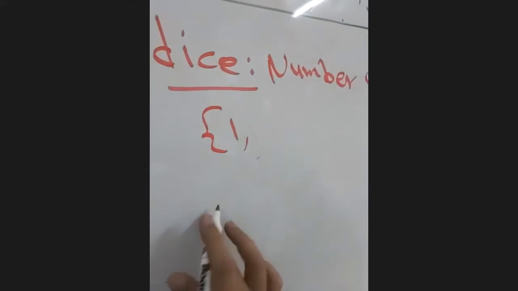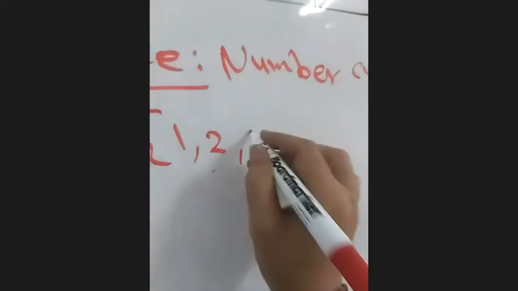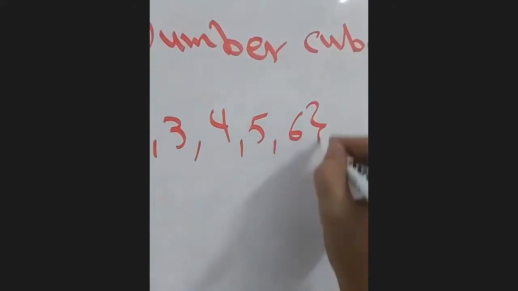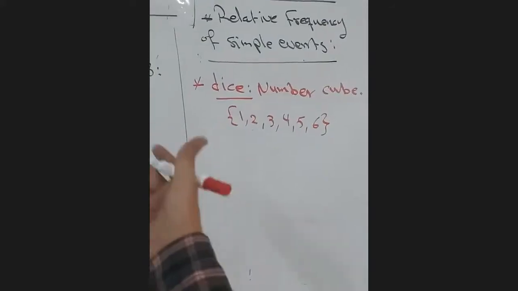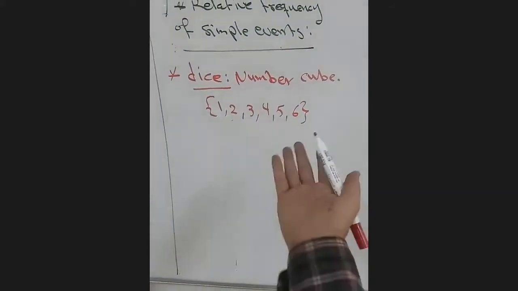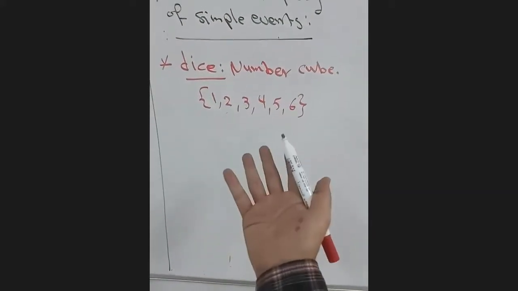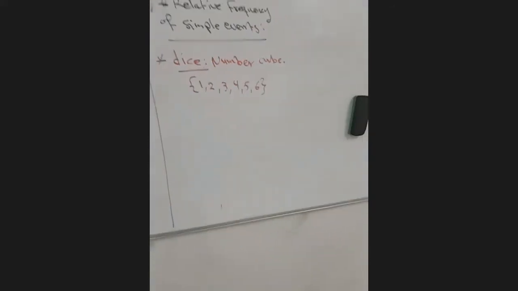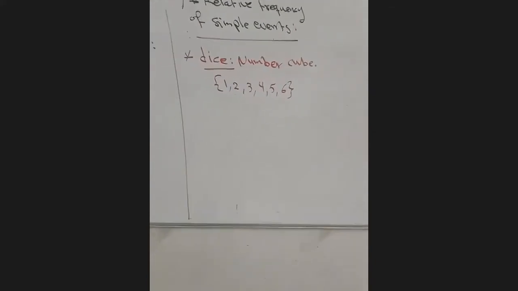Either 1, 2, 3, 4, 5, or 6. We won't have 7. We won't have 0 or negative. We will have only these choices, the number cube, the dice.